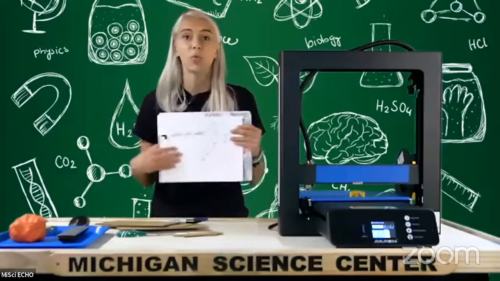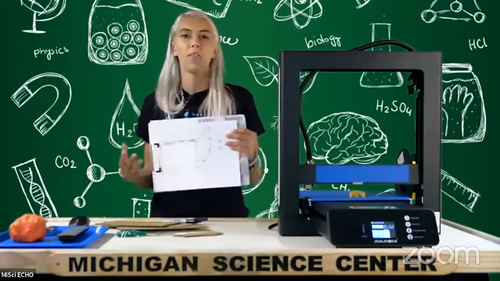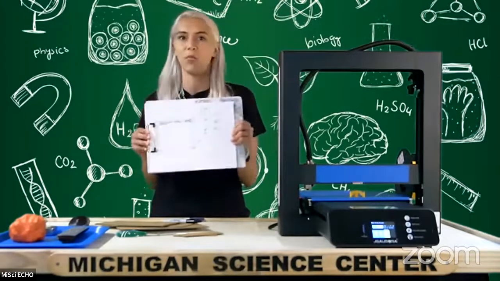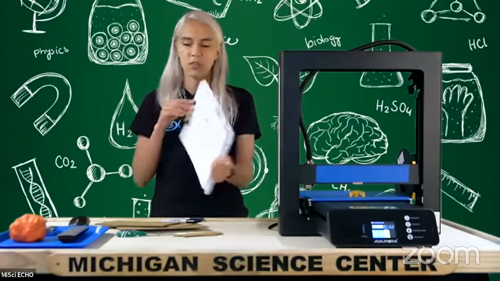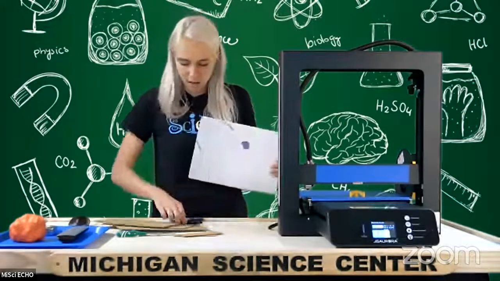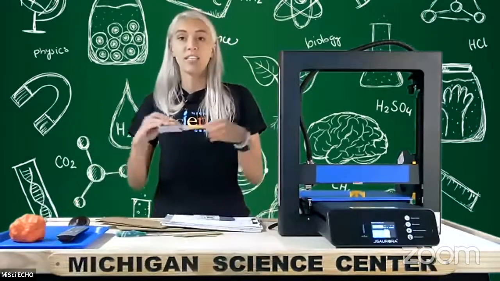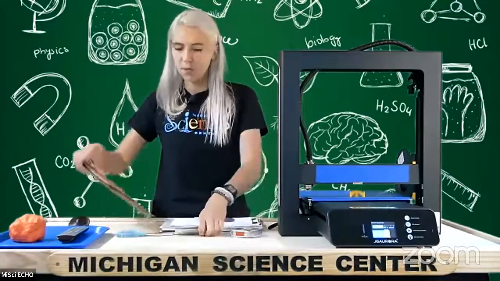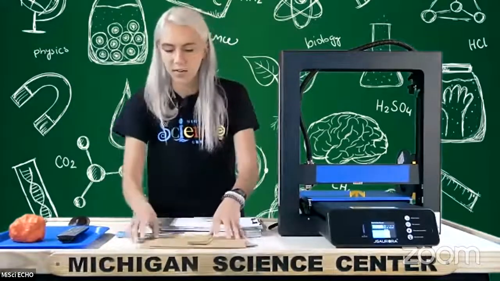That sketching is a really important part of the invention process, but it's also a really important part of 3D modeling as well, as having a visual representation of what we're trying to create. So I have a lab notebook here, and I'll zoom in so you can get a better look at it in just a minute. You'll need something to write with. You'll need a ruler or a tape measure, which works even better. And then some materials to build your scale model out of. I have cardboard for my scale model pieces.